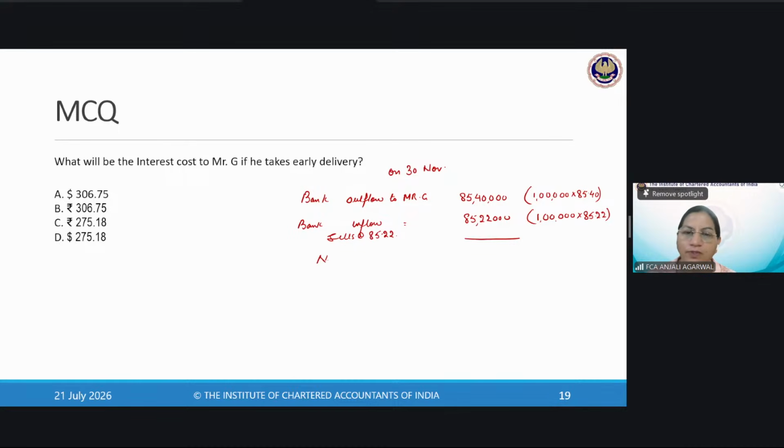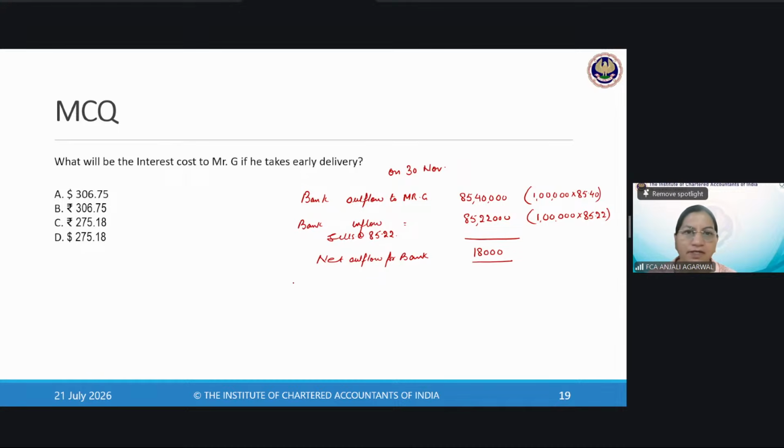Net outflow to the bank is rupees 18,000 extra, an outflow which has gone 1 month earlier.